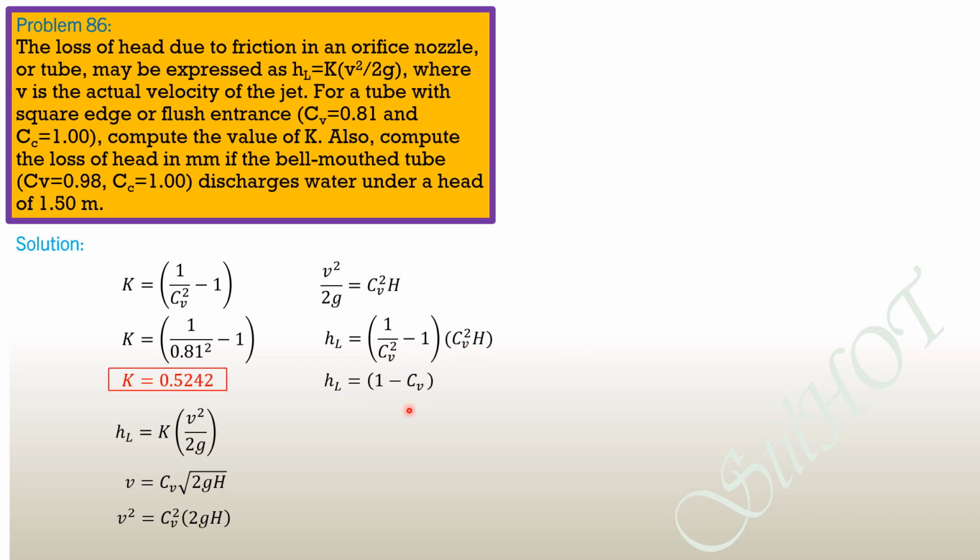So head loss is 1 minus C sub V square, times H. Substituting, head loss equals 1 minus 0.98 square, times head 1.5. So the head loss is equal to 0.0594 meter, or 59.40 mm.